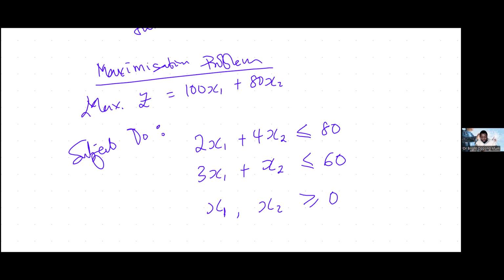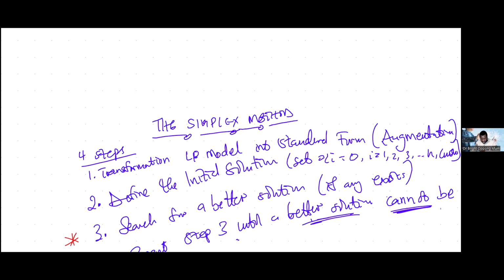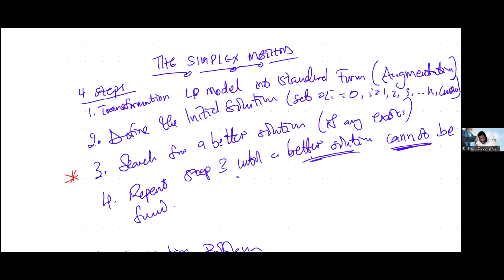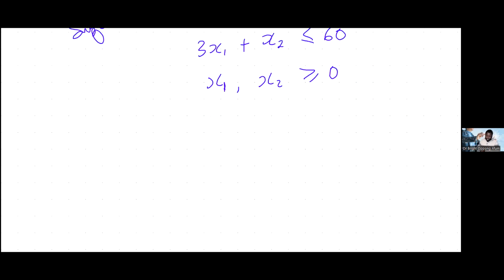All right, so the first thing to do, remembering the four steps, is to transform the LP model into a standard form. We employ an algebraic method of solution, and therefore it entails solving a set of simultaneous equations.